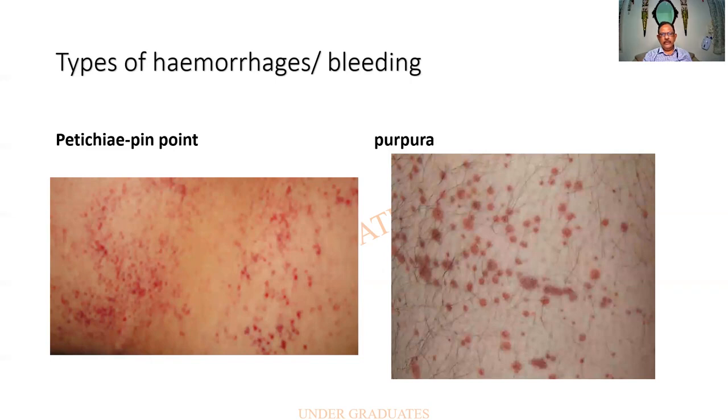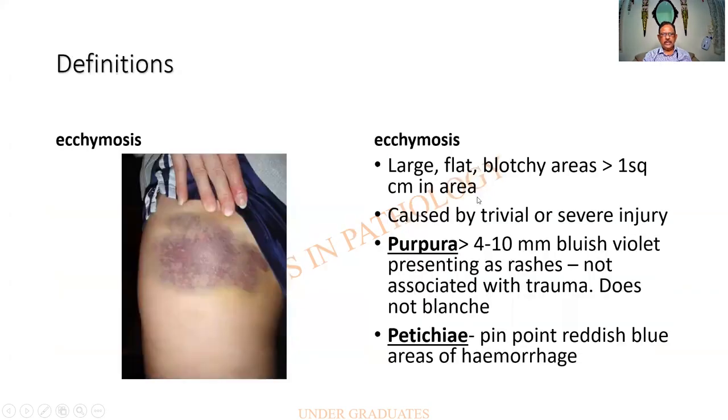There are also different clinical manifestations. Petechiae, which means pinpoint. I am able to see very minute points of hemorrhage, the size of the tip of a needle. Purpura is slightly larger. Obviously, we can compare this with this. And what are the definitions? Here in this case, probably due to an external injury, there is a large map-like area called ecchymosis.